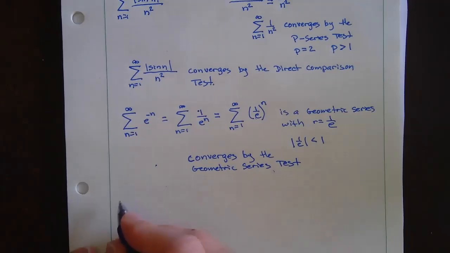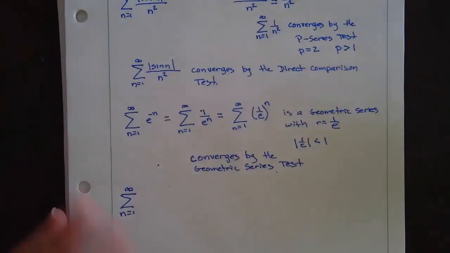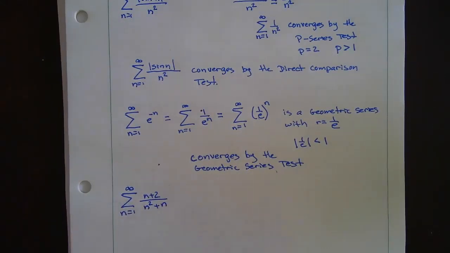Then the next one was the sum from n equals 1 to infinity of n plus 2 over n squared plus n. Looking at this, as n goes to infinity, if we disregard the lower-order terms, this is going to become 1 over n.